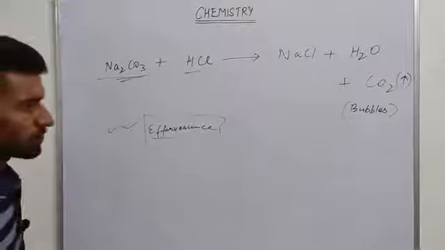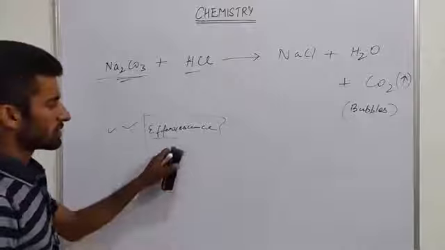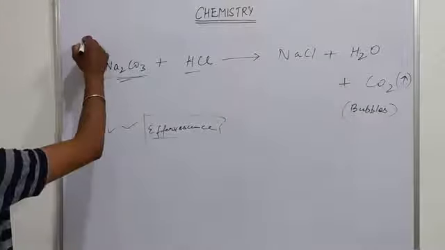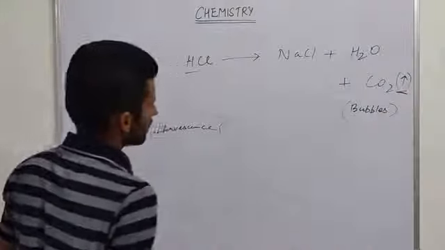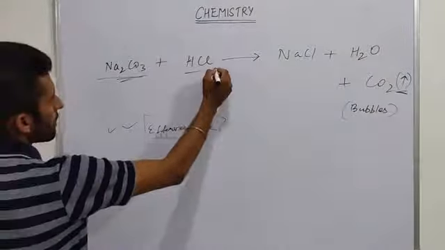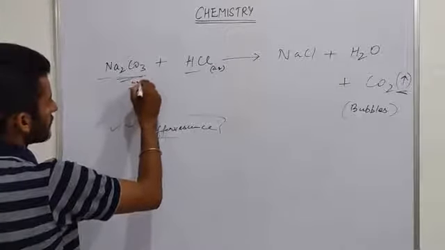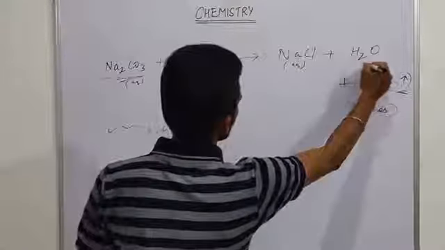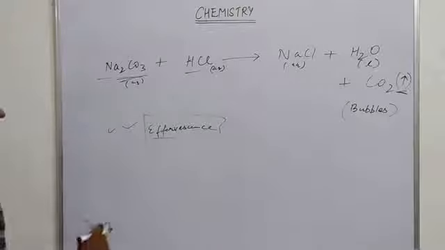Formation of bubbles of a gas during a chemical reaction, that is the process known as effervescence. After that this one is a gaseous. So gaseous I had indicated with the help of upward arrow. This one is aqueous, this one is also aqueous, this one is also aqueous, and it is liquid, and this is gaseous. Clear?